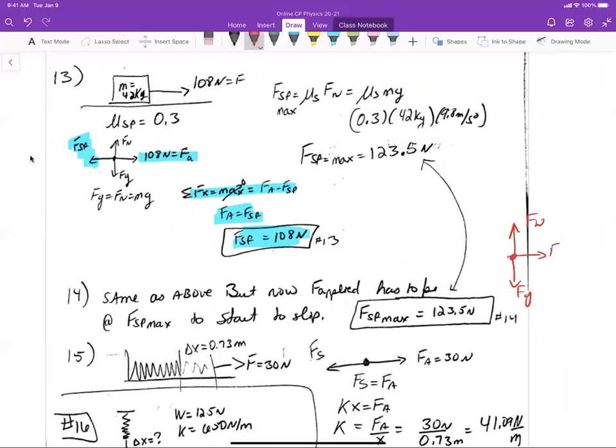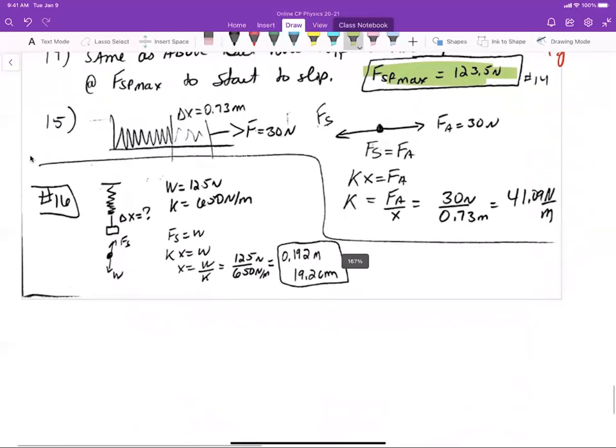This is my force applied, which we don't know, and we want this to be right when it starts to slip. So we now know that this is at its maximum, because it's going to start to slip. Now we're going to assume it's right at the nanosecond that I reach it, so acceleration is still 0. So that force applied has to equal that maximum static friction in order for it to slip.